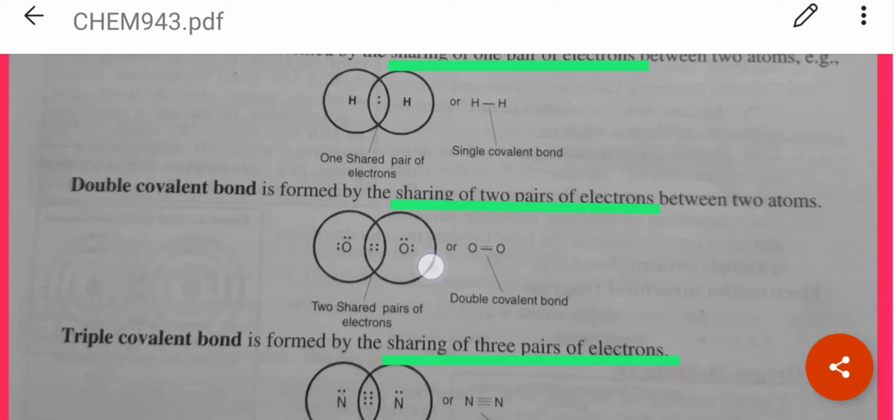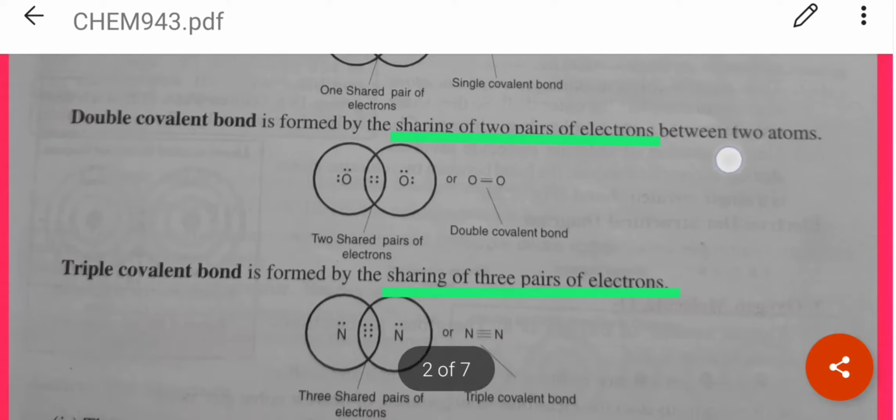Similarly, the other oxygen atom is also deficient of 2 electrons. So what do they do? They share 2 pairs of electrons. In that case, you see the electronic configuration of each oxygen atom becomes stable, 8 electrons in each valence shell. Since 2 pairs of electrons are shared, it becomes a double covalent bond.